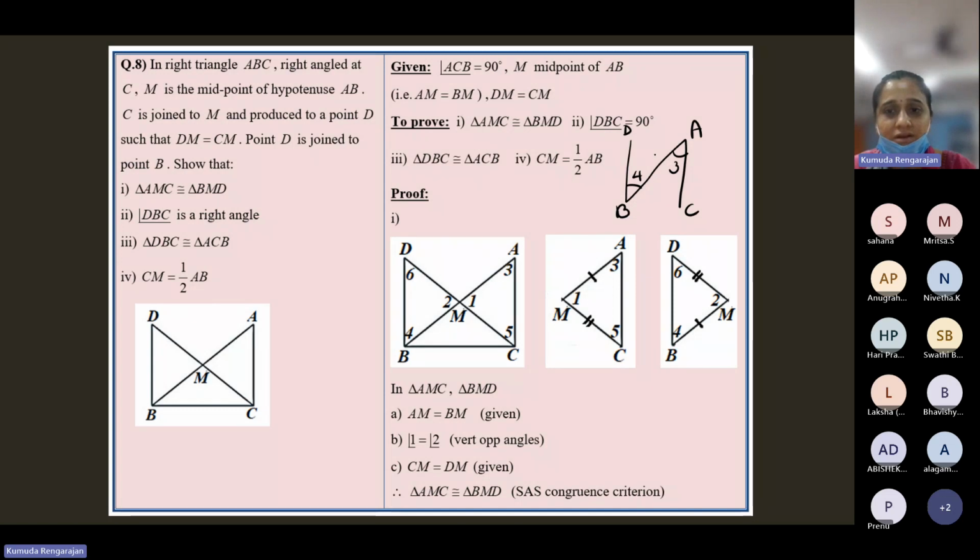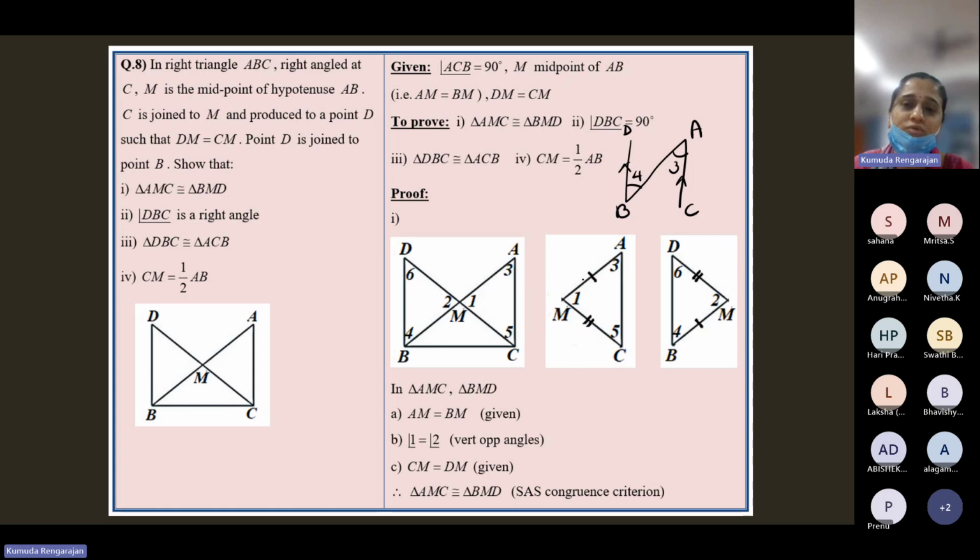And they are equal because the triangles are congruent. So CPCT: corresponding angles are equal in the two congruent triangles. So angle 3 is equal to angle 4, but they're alternate interior angles made by the transversal AB with the lines DB and AC. So since the alternate angles are equal, the lines DB and AC must be parallel to each other.